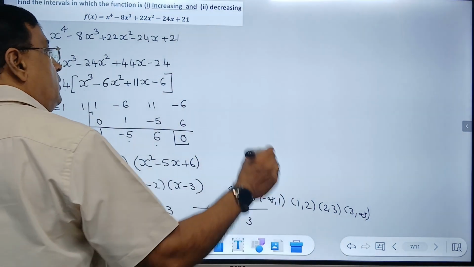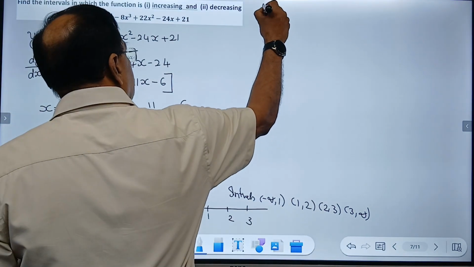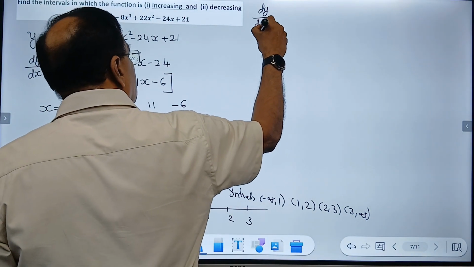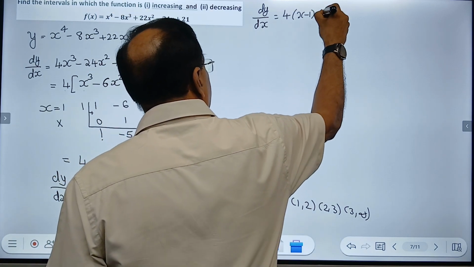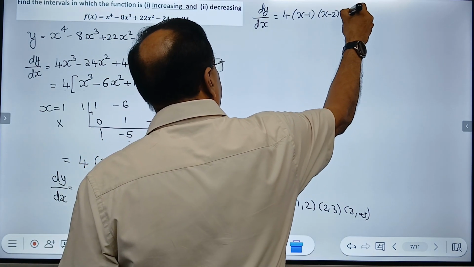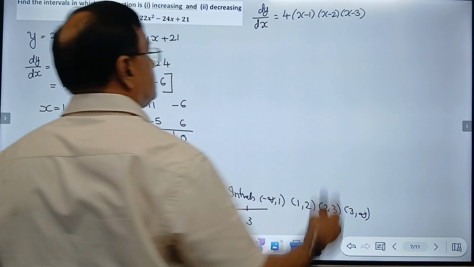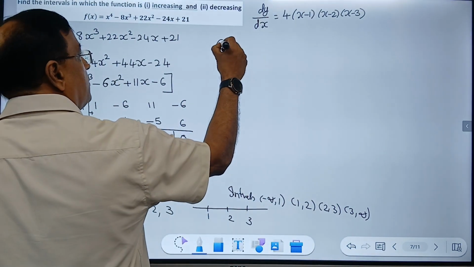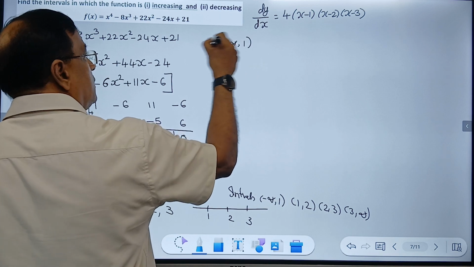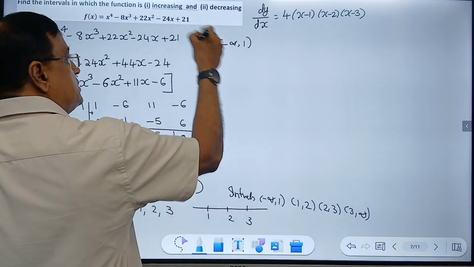Now what do we do? First let's take dy by dx, which I am going to equate to 0. So I got 4 into x minus 1 into x minus 2 into x minus 3. Now choose the interval minus infinity comma 1. The best point obviously is 0.